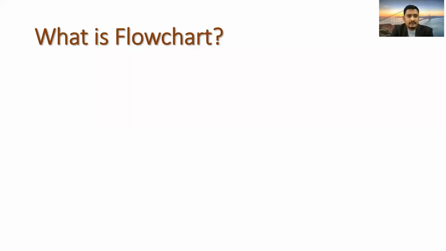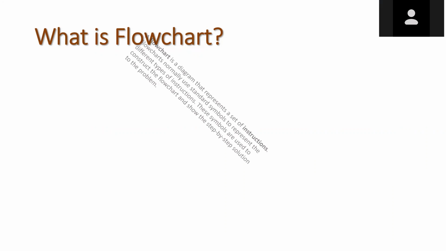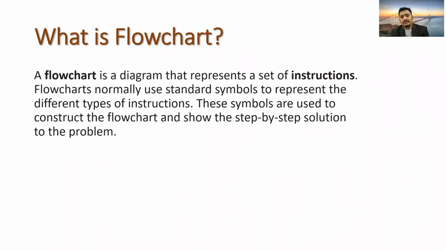So, what is a flowchart? A flowchart is a diagram that represents a set of instructions, which we have already discussed in the previous class while talking about algorithm. Mainly, this is used to show the steps or different kinds of instructions that we have taken in our algorithm.